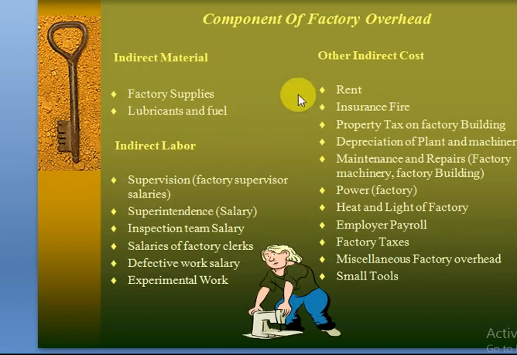Components of the factory overhead. In the previous lecture we also touched on factory overhead. There are basically three cost elements: material cost, labor cost and other cost. Factory overhead is a type of other cost.